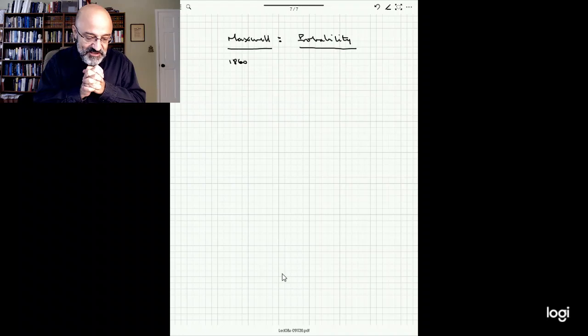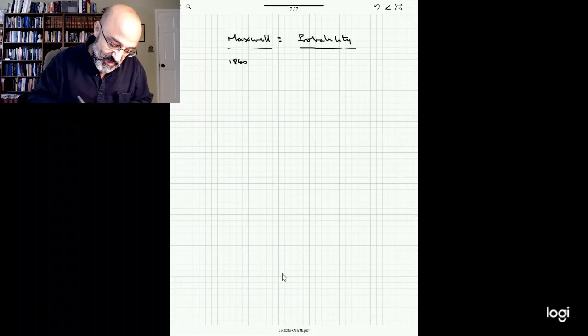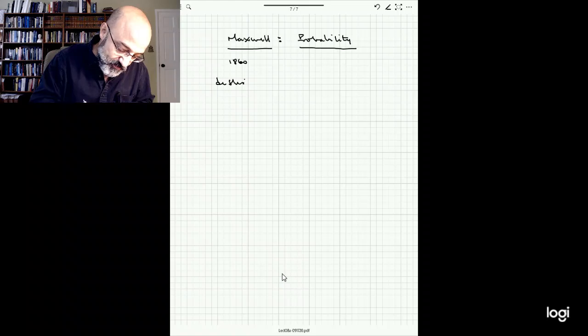Eventually, he succeeded in dealing with ideal gases. And he came up with the notion of a distribution of velocities.